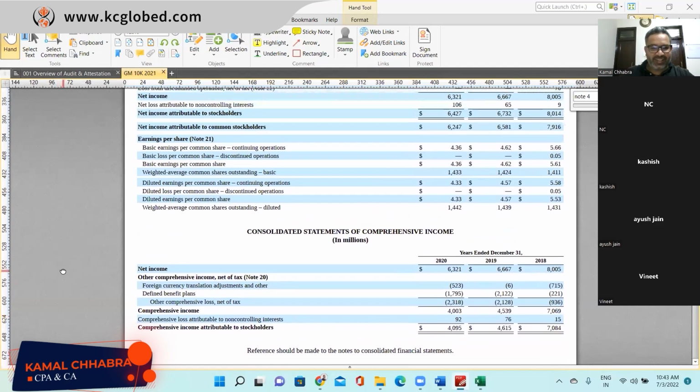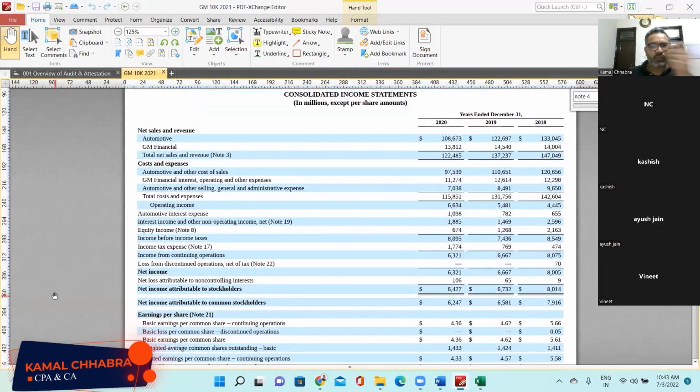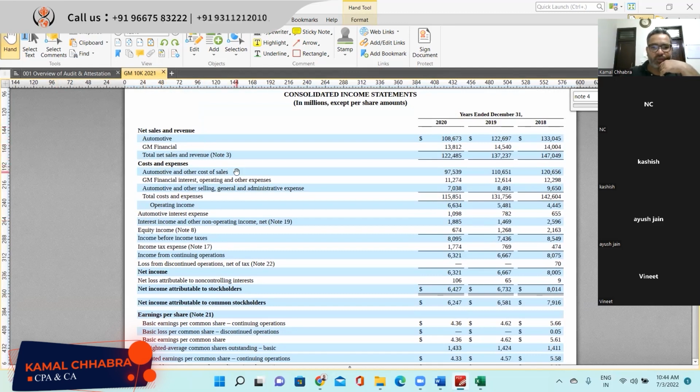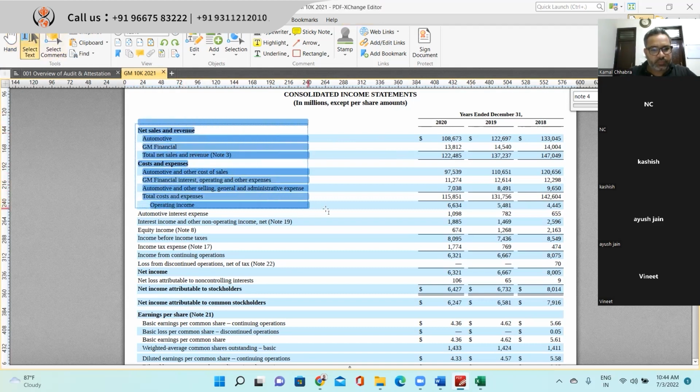I have your back. So for example, here, if you see, sales minus cost of goods sold will give you gross margin basically, right? So here you have 2018, 19 and 20 numbers. So what will be your gross margin analysis basically?